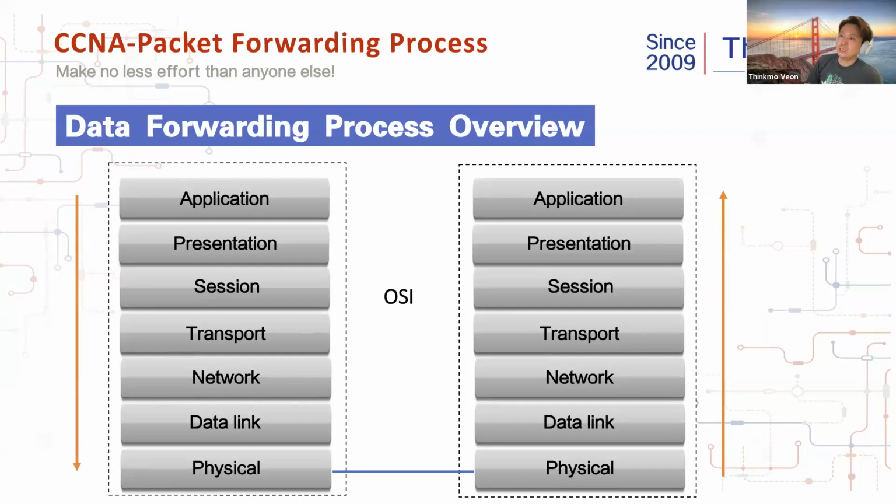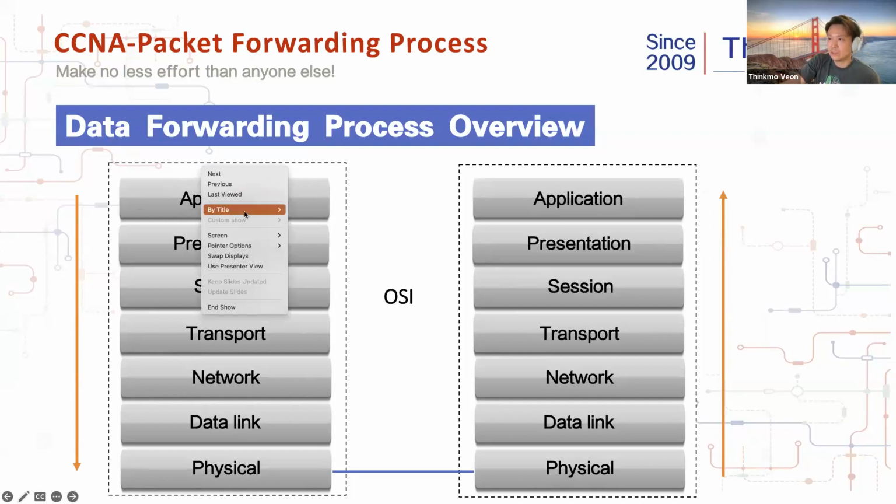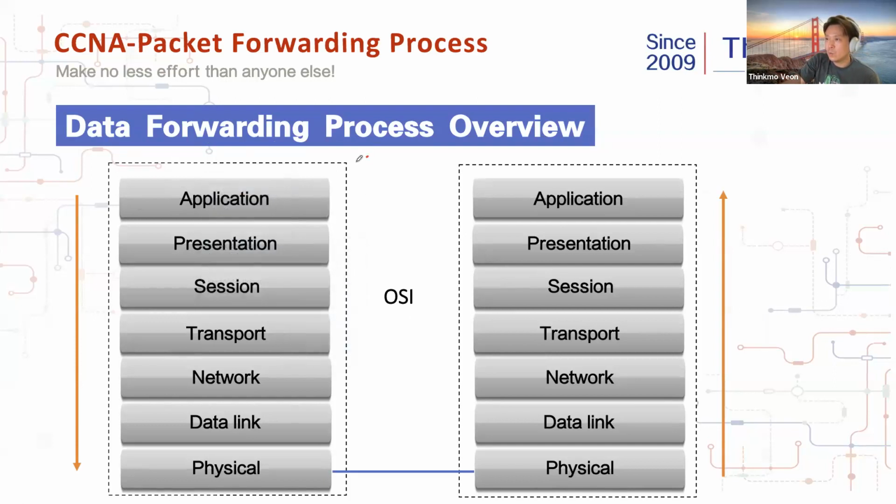Here you will see that we actually have two OSI models. One on the left, let me show you using a pen, and the other one here. What does it mean? Here we are representing hosts.